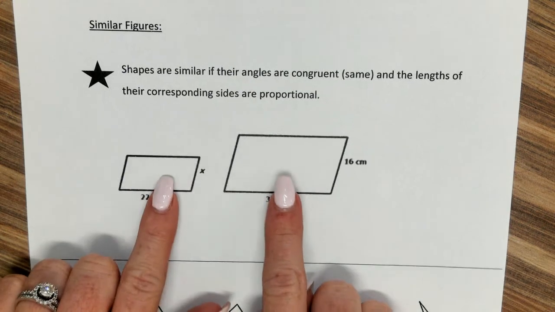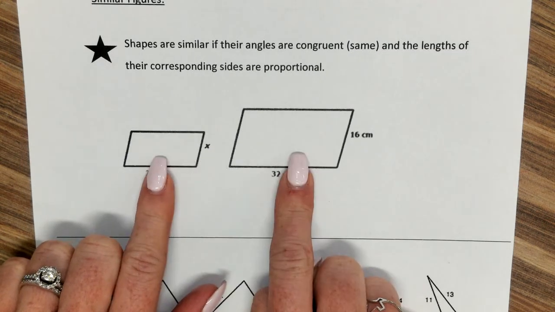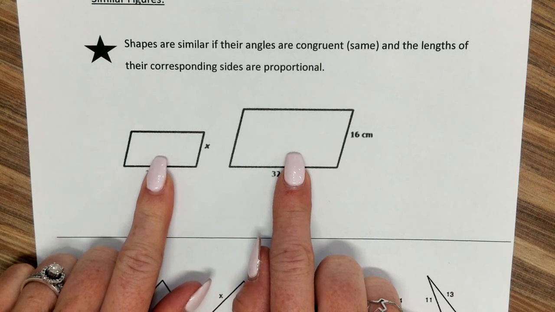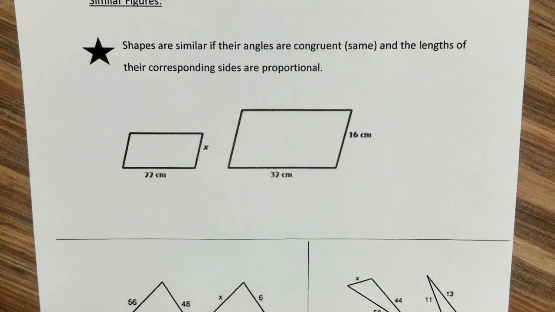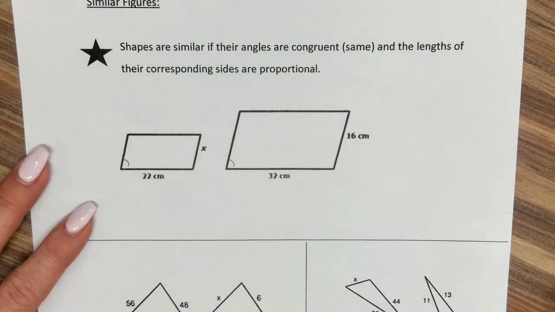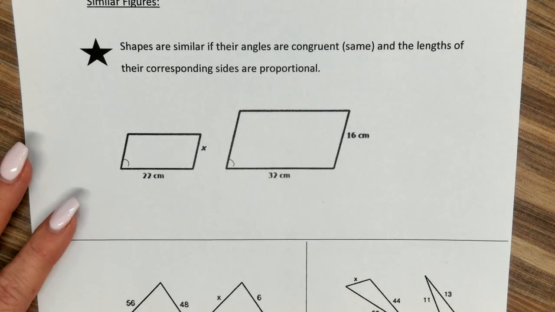So everybody look at these two shapes. It's going to tell you that they are similar. Yes or no? That means their angles are exactly the same. Did everybody hear me? Their angles are what? Everybody look at this angle. Does it look exactly like this angle? Yes or no? Yes.